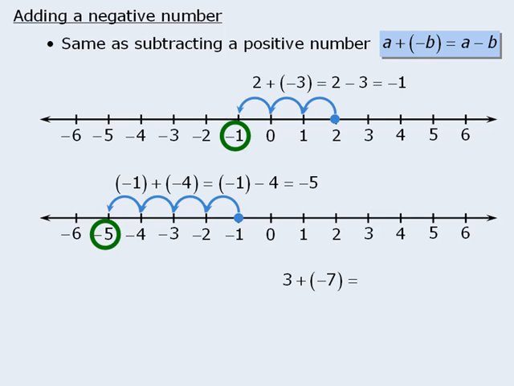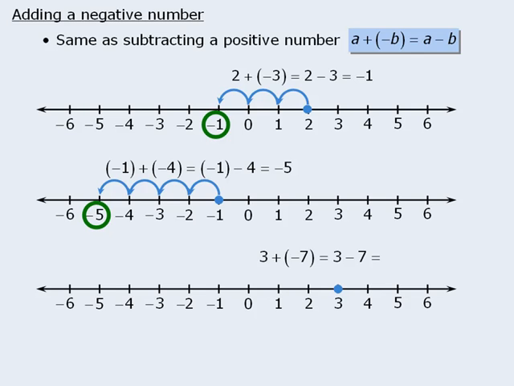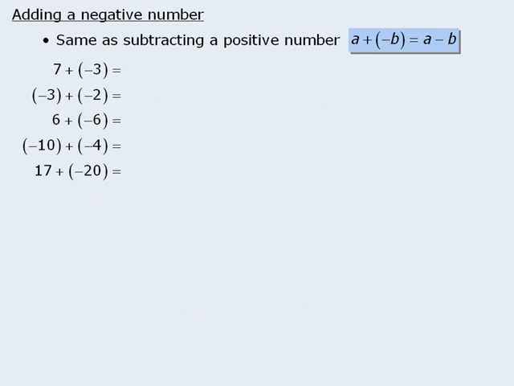Finally, to evaluate 3 plus negative 7, we first rewrite this as 3 minus 7. Then we begin at the first number, which is 3, and move 7 spaces to the left to end at negative 4. So 3 plus negative 7 equals negative 4. If you want some more practice, try these questions here and see if you get the following results.